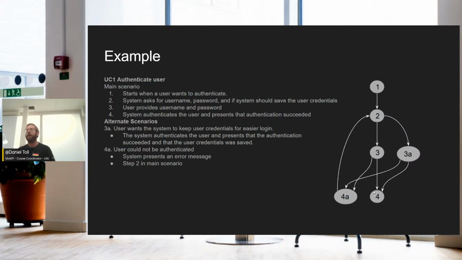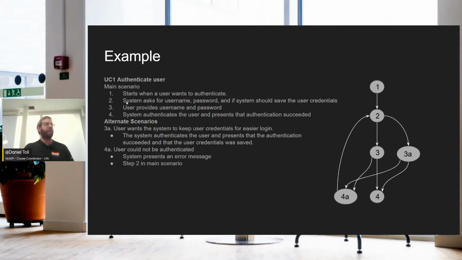And usually, if you want to make testing simple for someone, and you just want to show that we have implemented this feature, maybe we just show them this main success scenario thing, right? The other scenarios, the alternative scenarios, we have 3A here. User wants the system to keep credential for easier login.